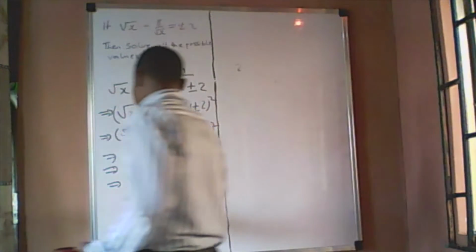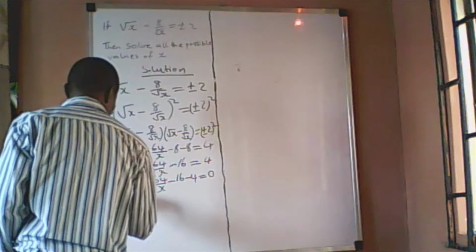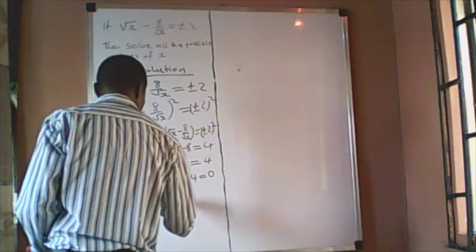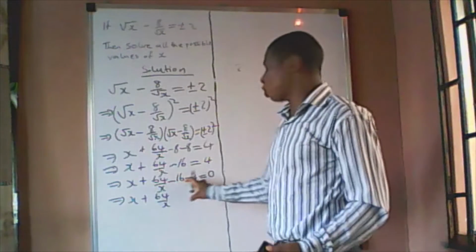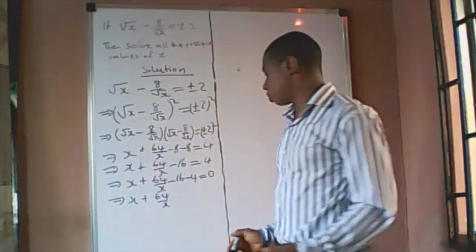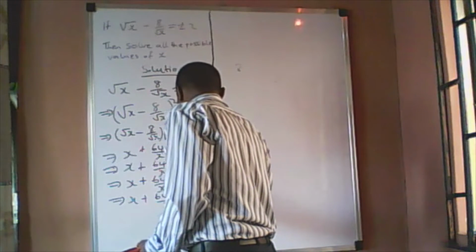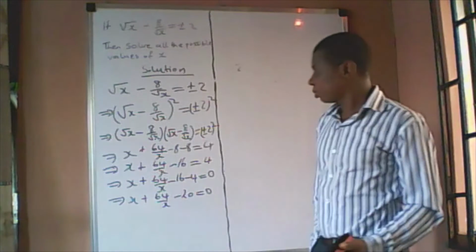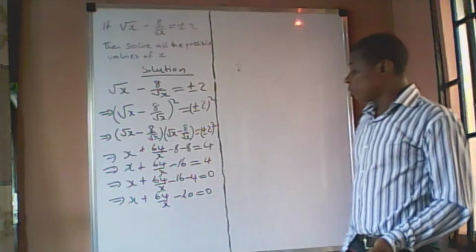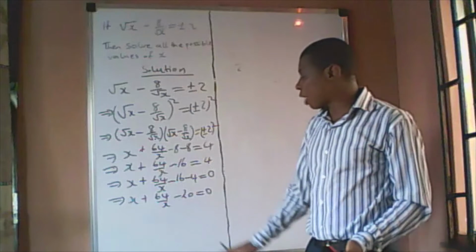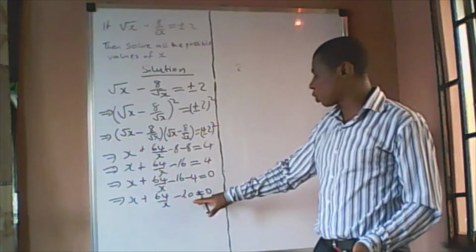It implies x plus 64 over x, minus 16 minus 4 will give us minus 20, equal to 0.